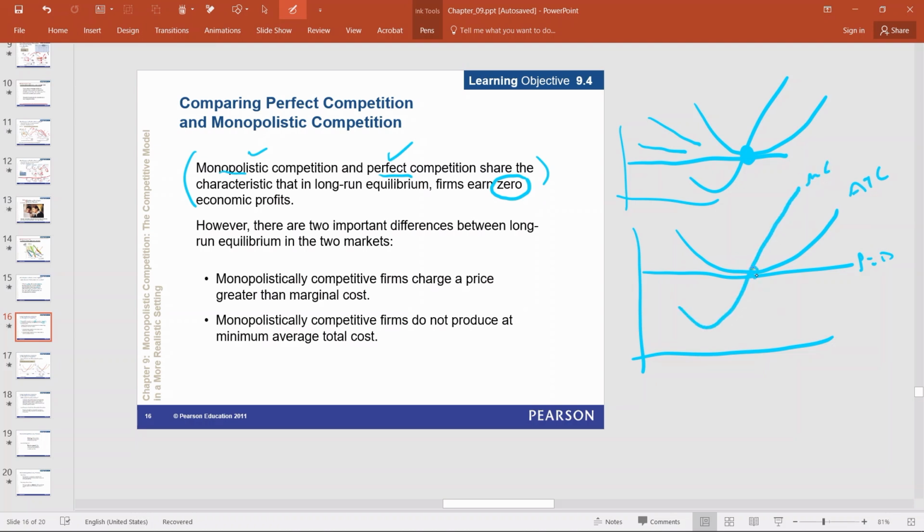In perfect competition, the demand curve is perfectly flat, but in the long run, because of the monopolistic competitive market, the firm might not operate at this lower minimum level of average total cost.